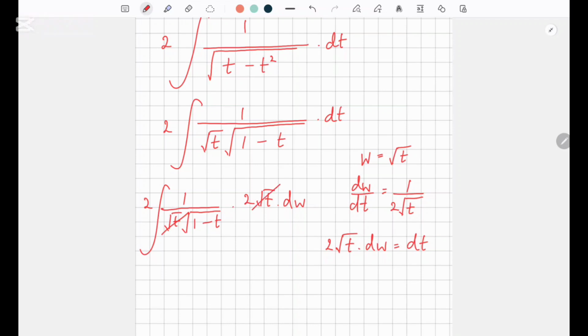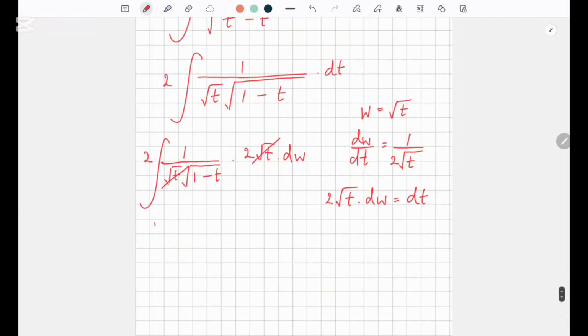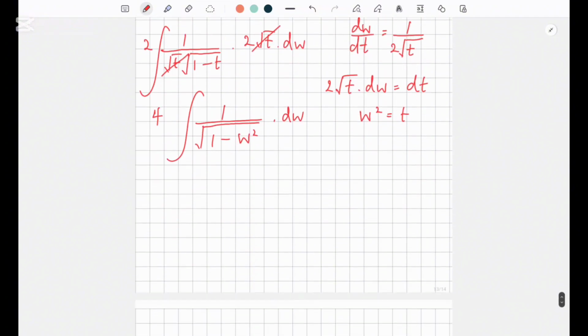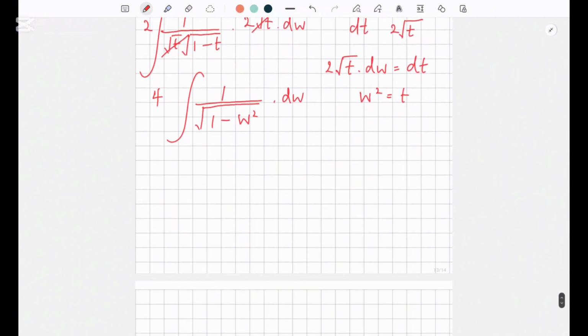You cancel off the roots, and now you have 4 into 1 over root of 1 minus w squared dw, since w squared is t. Now this question is easy. This right here is the differentiation of sine inverse w, but I'll show you how you get it.